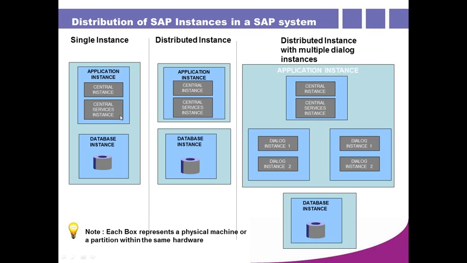And second, if any problem occurs here, it will affect the database. For example, if all the RAM is consumed by SAP, this application instance, that is our SAP system, then the database will suffer from lack of memory, and vice versa. Whereas here it's not like that. It will consume from here only. That's why you get good performance in the distributed environment.